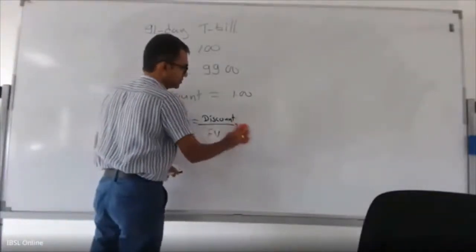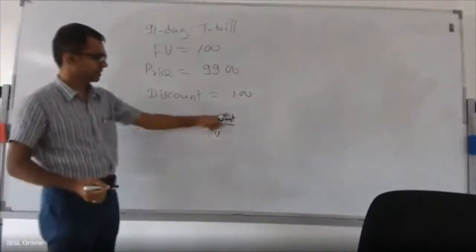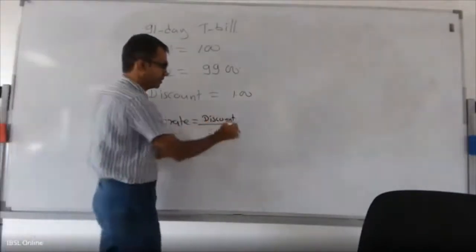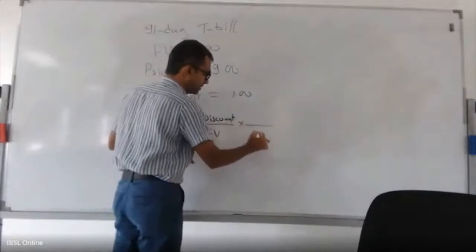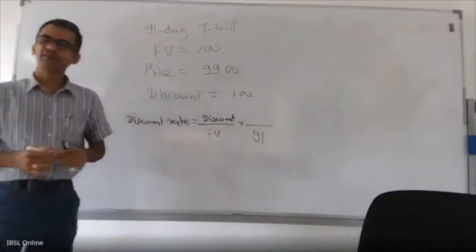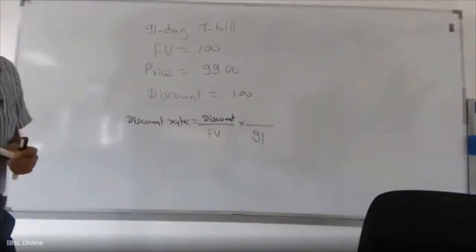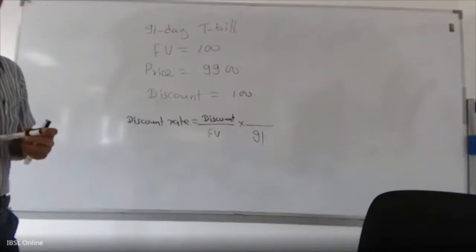So to make that adjustment, we get this discount rate for a period of 91 days. When we divide that discount rate by 91 days, what do we get? The discount rate applicable for 1 day.